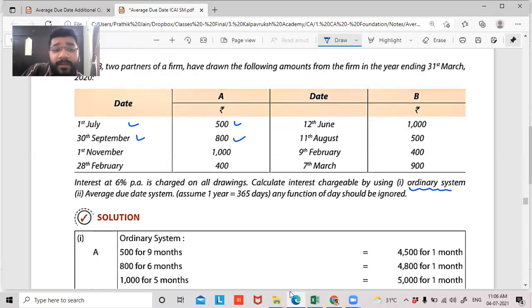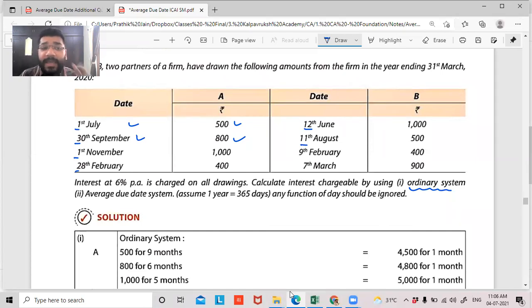Now, guys, look at this very carefully. Here, if I talk about A, it is 1st of July or 30th of September. Either it is the first or the end of the month. So for me, month calculation becomes very easy in case of A. But in case of B, he's withdrawing on 12th June, 11th August. Can you calculate the number of months properly for B?